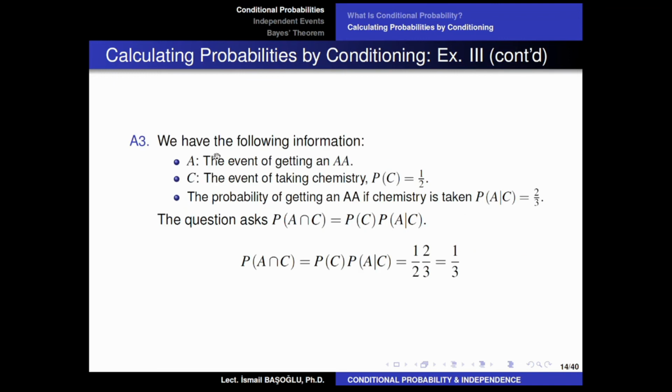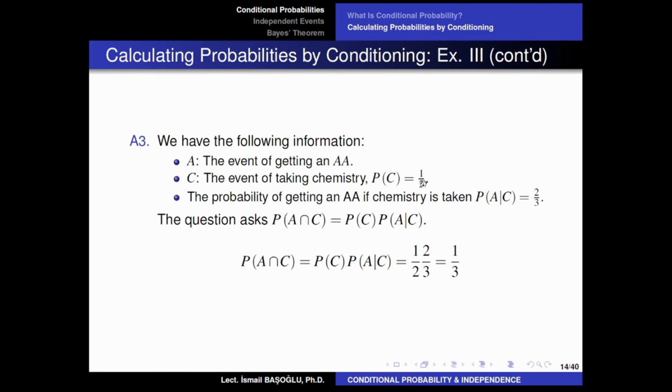Let A denote the event of her getting an AA in the elective course that she has selected. She can select either chemistry or French, it doesn't matter. A is the event of getting an AA in the selected course, and C is the event of taking chemistry. We know that the probability that she takes chemistry is the same as the probability that she takes the French course, because she bases her decision on the flip of a fair coin.